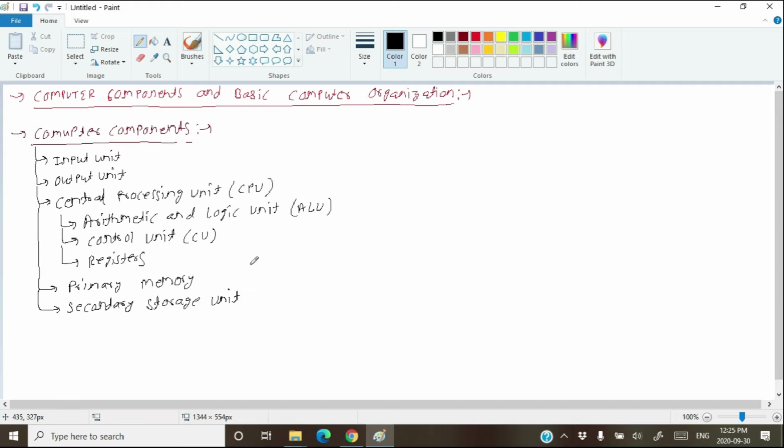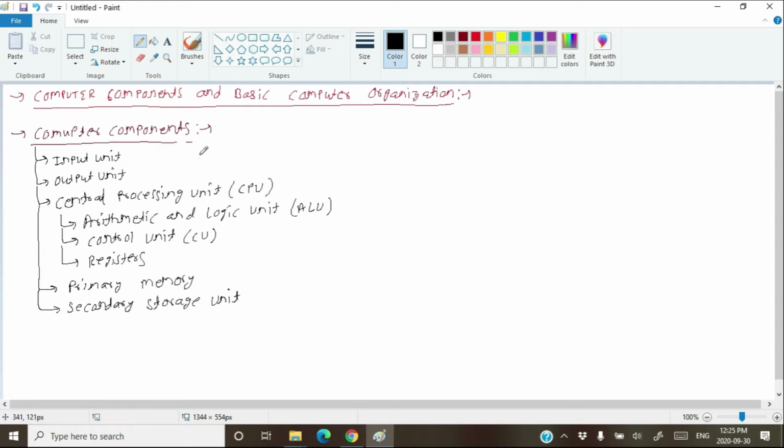So we have these many components of computer. These components get organized together to create a new computer, and how these components organize together is called computer organization. But before we see about the computer organization, let's discuss these points one by one in short.